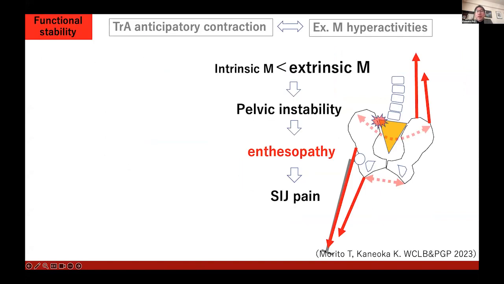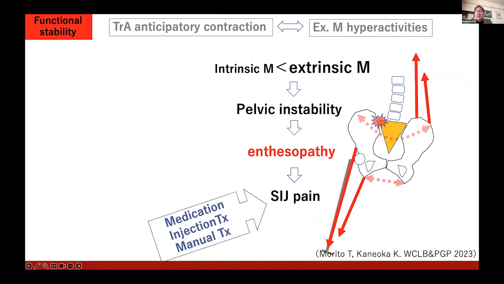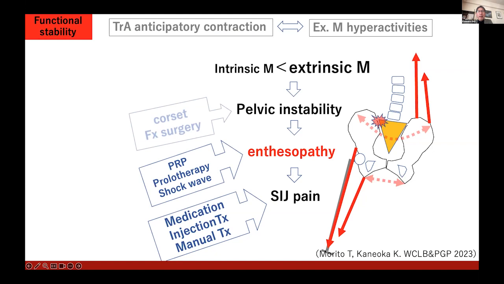Treatment modalities for SIJP include medication, injections, and manual therapies, and so on. And for the regeneration of enthesopathy, PRP, prolotherapy, and shock waves are used.